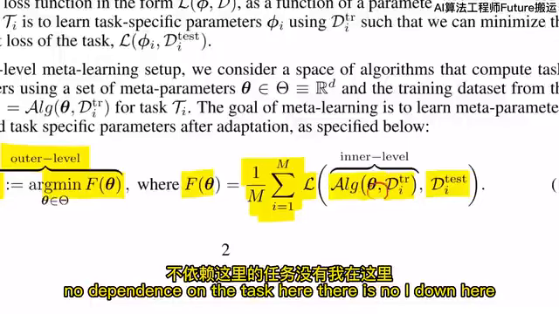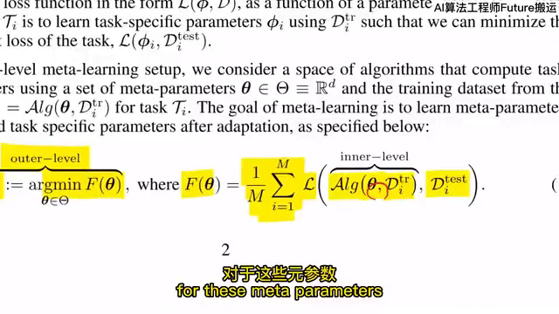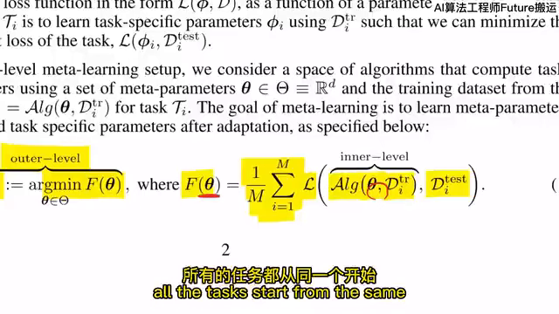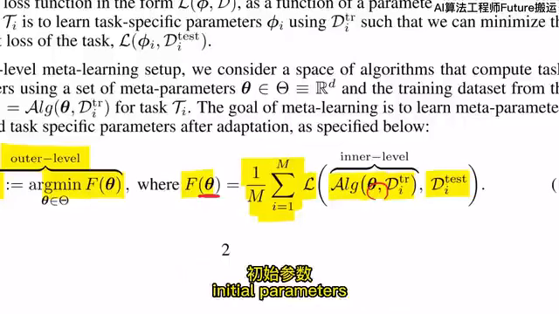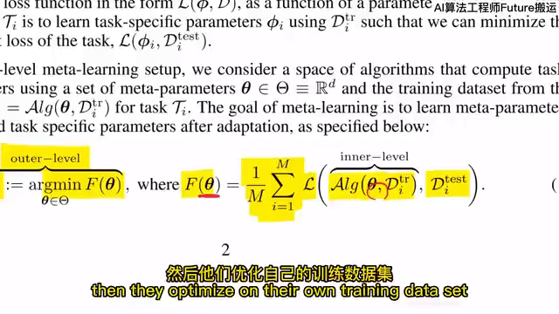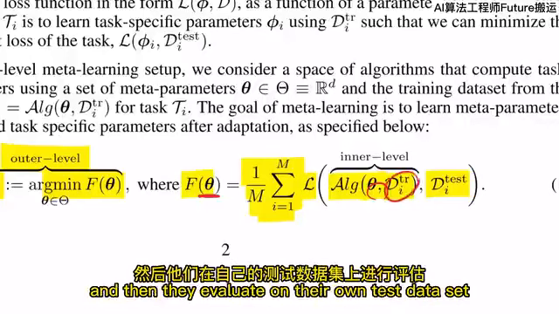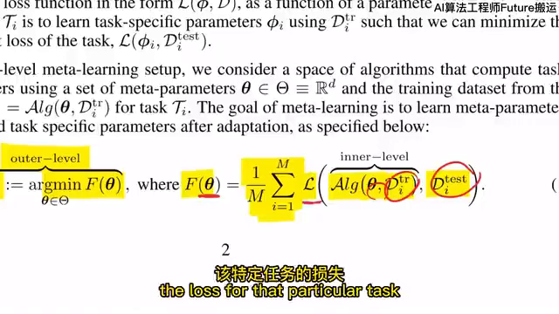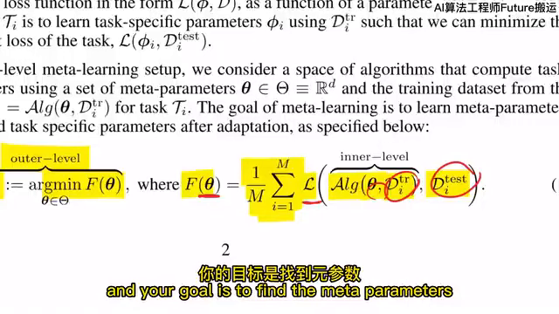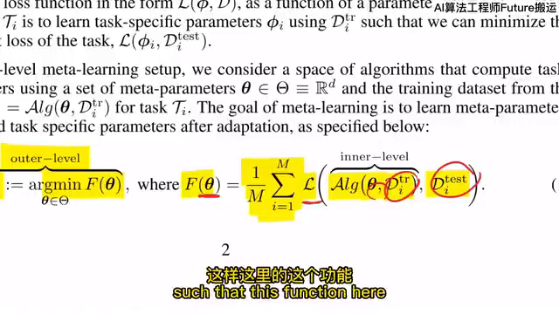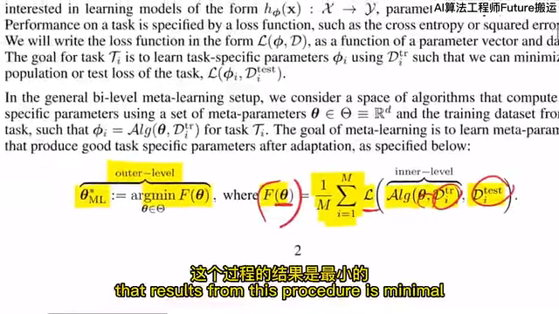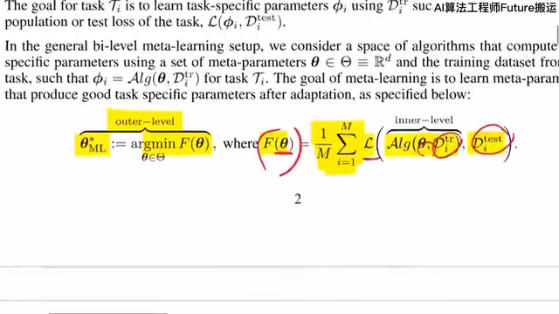There is no i down here for these meta parameters because these are always the same, right? That's the crucial point. All the tasks start from the same initial parameters, then they optimize on their own training data set, and then they evaluate on their own test data set, and that will give you the loss for that particular task. And your goal is to find the meta parameters such that this function here, the average loss that results from this procedure, is minimal.